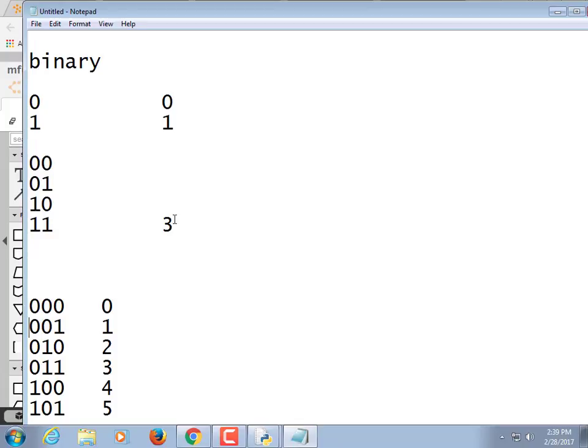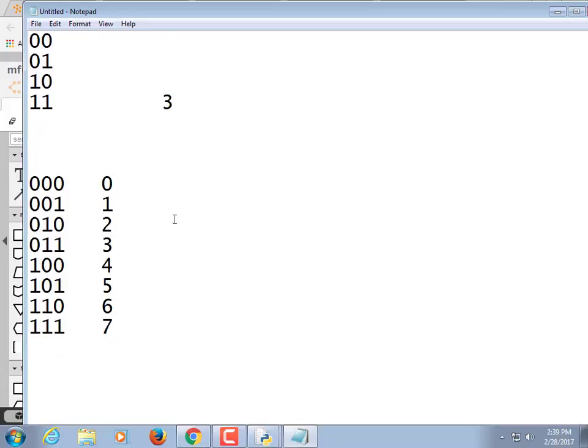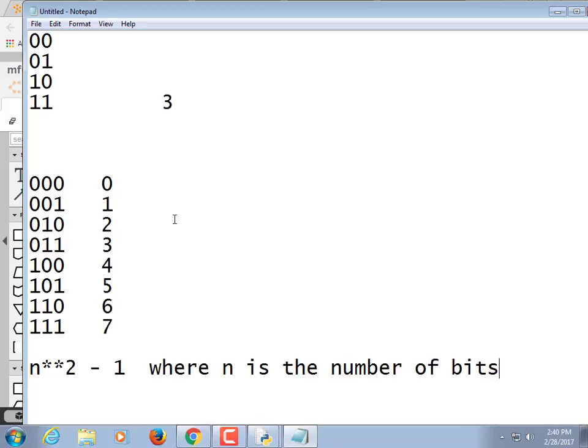Then if you have 3 digits, the highest value is a 7. There is a mathematical formula that would give that. It's 2 to the power of n minus 1, where n is the number of bits. A bit is a 0 or a 1.